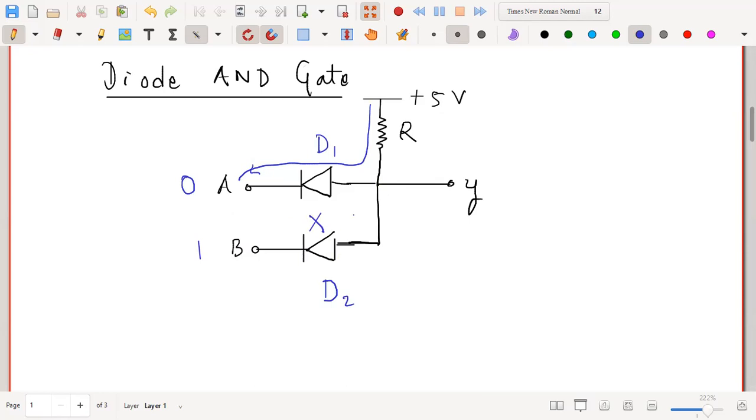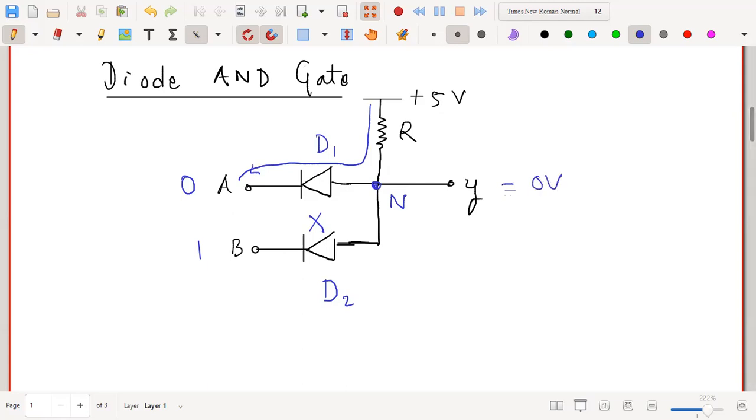But the current is still flowing through D1, which means this point N will be driven to ground potential, because whatever is this plus 5 volt, everything would be dropped across this resistance R, and nothing would appear on this point N. The point N will be still at ground potential. That means the output would be again 0 volt.